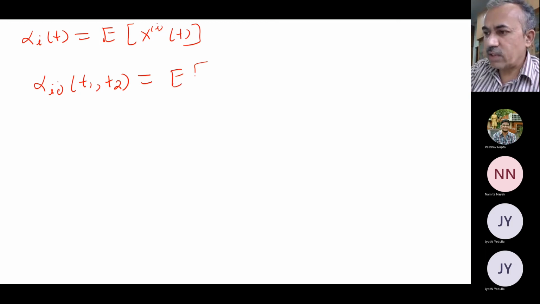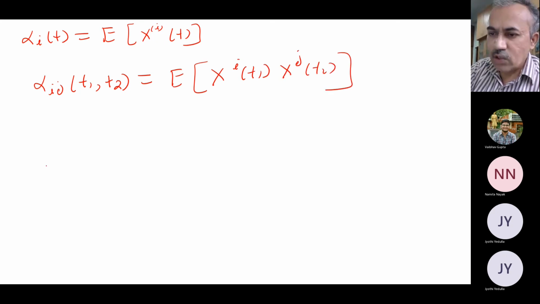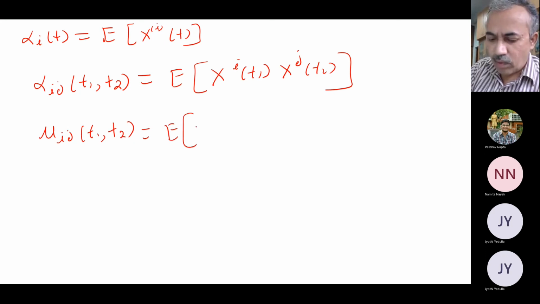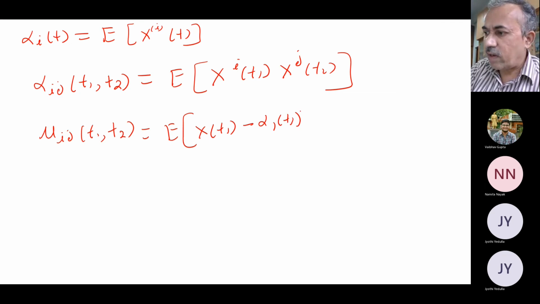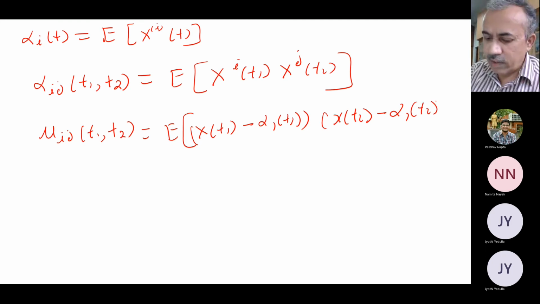So the expected value of x at 2 different times, or 2 different spaces actually. Then we can have mu ij, which they call the expected value of x at t1 minus alpha 1 at t1, times x at t2, the second element basically, minus alpha 1 of t2.